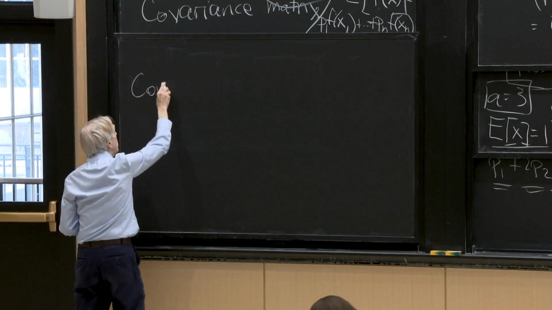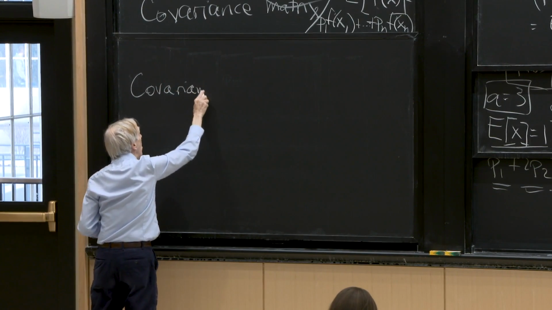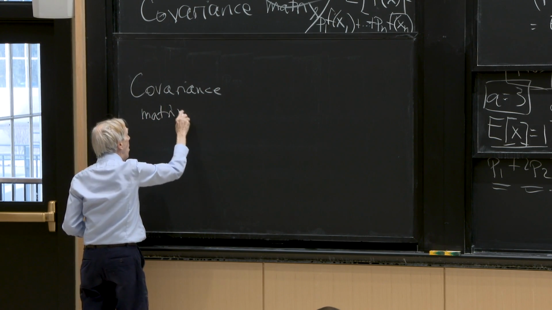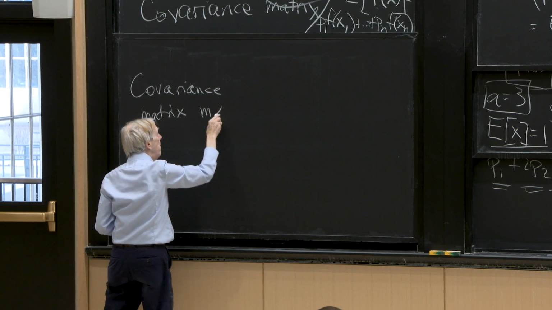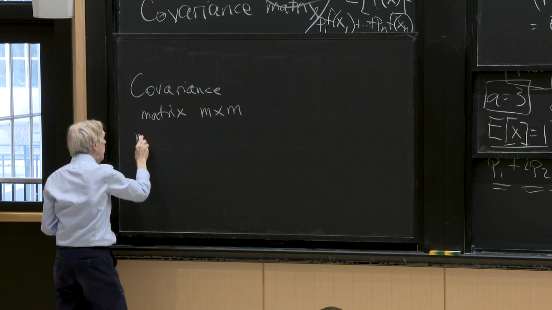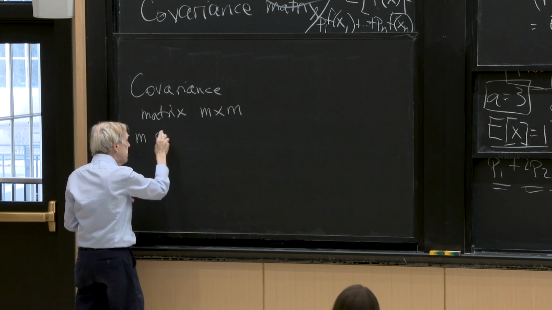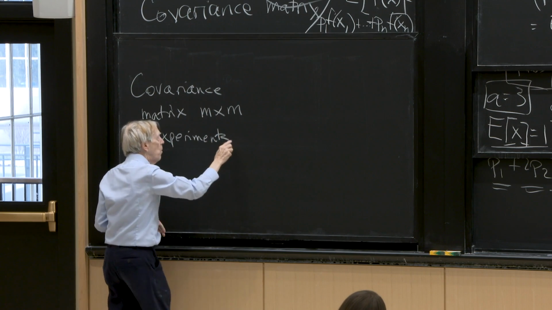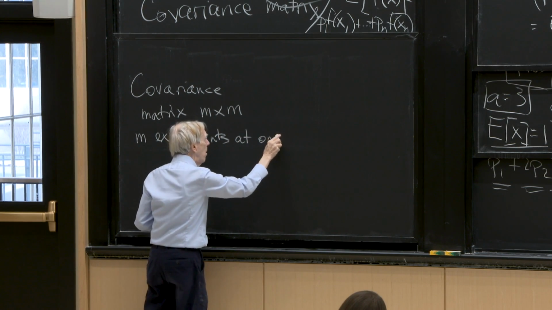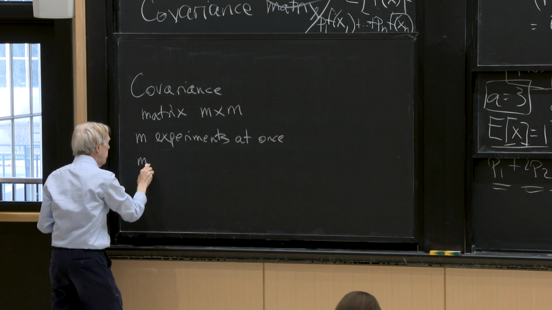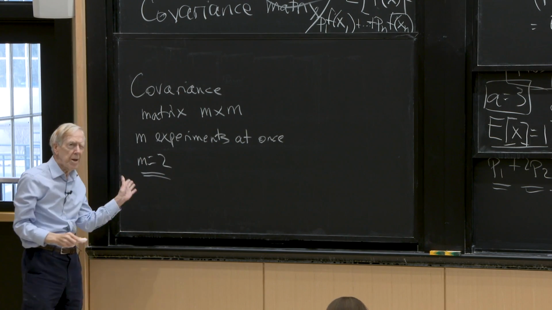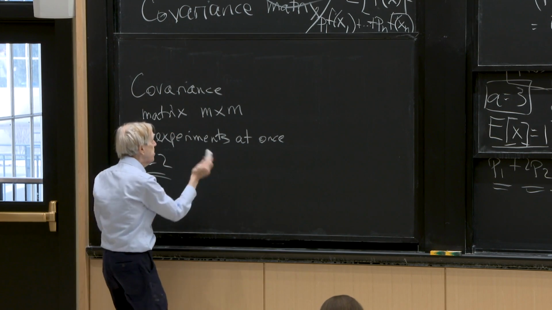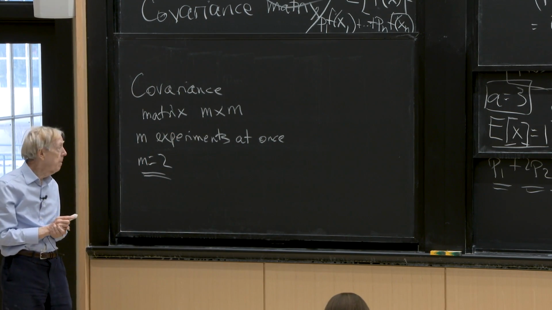It will be m by m when I have m experiments at once. So let me take m equal to 2. You'll see everything for m equal to 2. So we're expecting to get a 2 by 2 matrix.